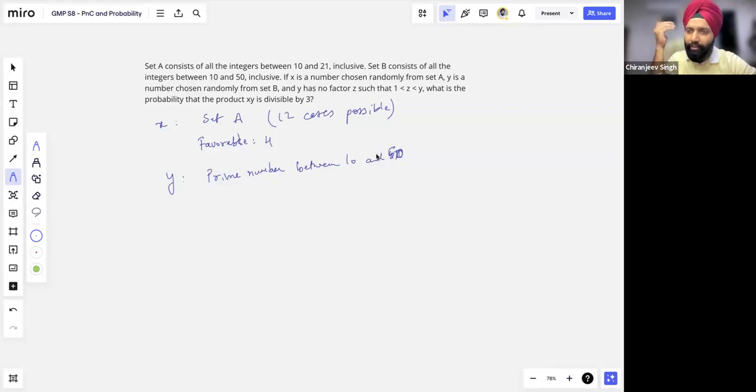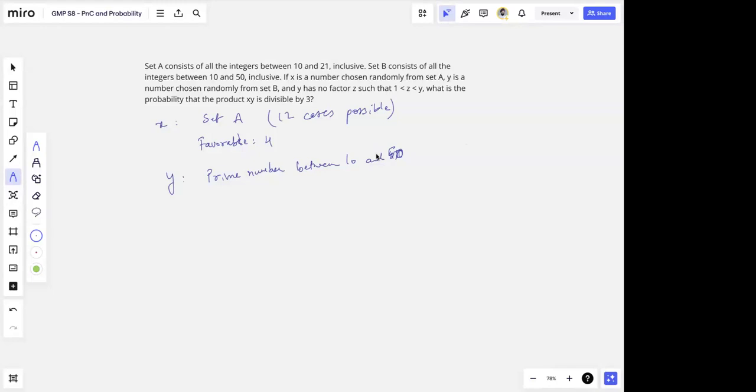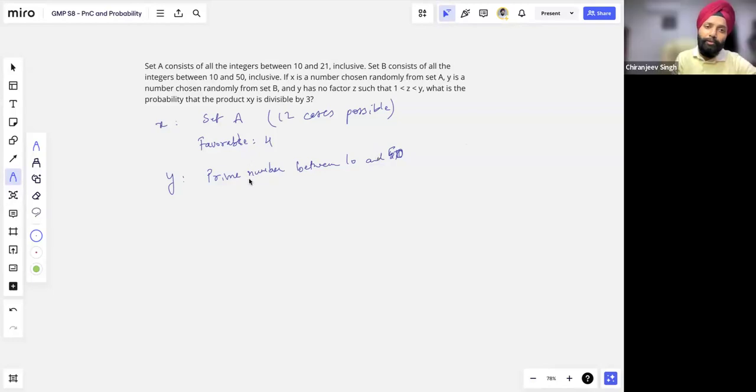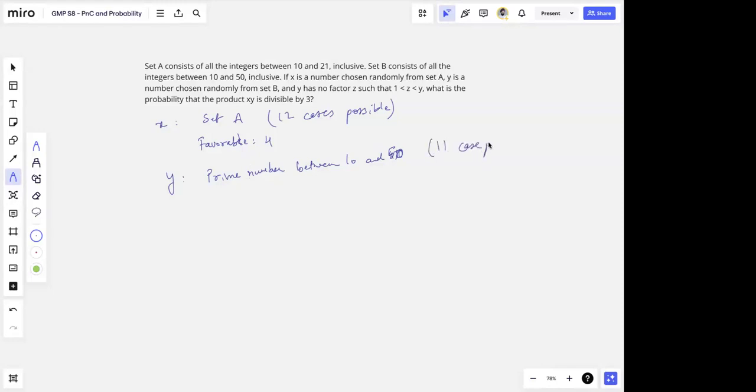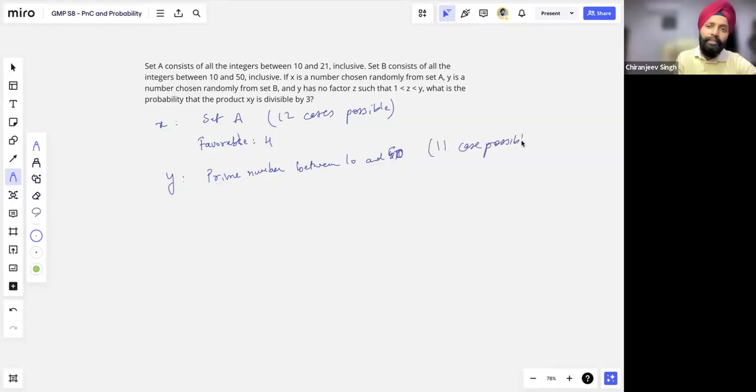Can y be any number out of 41? Is the total number of cases for y 41? No, so it should be 11 by 11, I guess. So basically, the total number of cases possible for y is 11. Yeah, 11 by 11.